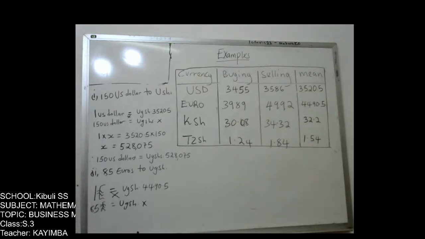After cross multiplying, you tell me 1 times X is equal to 85 times 4490.5. So X will equal to, you give me the answer there. Tell me the answer that you have, so that we see.